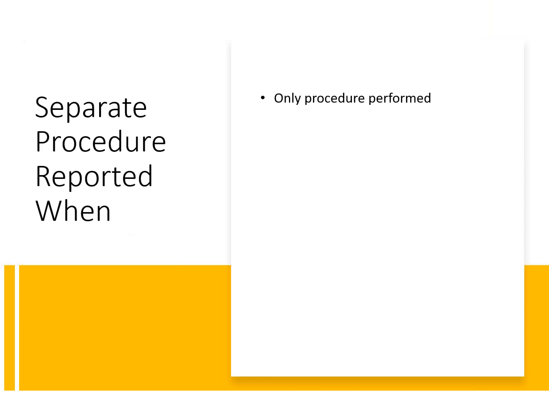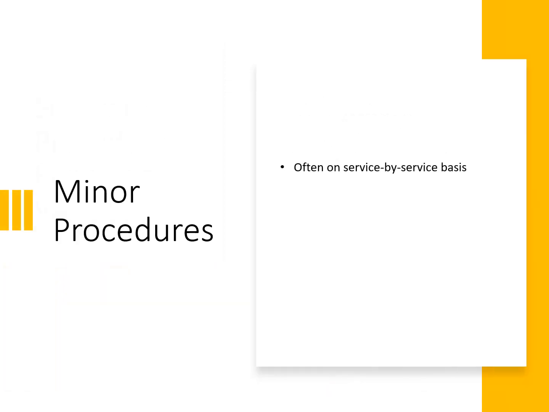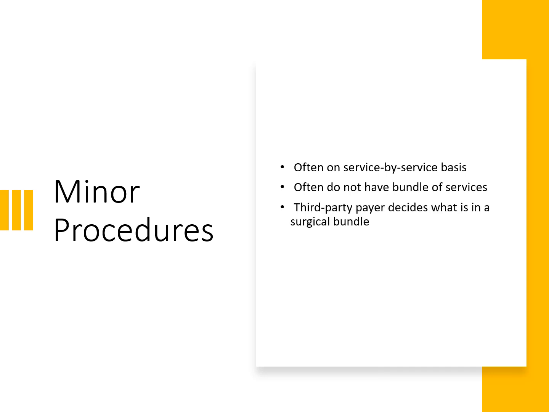A separate procedure is reported when that's the only procedure performed, or with another procedure on a different site, or unrelated to a major procedure. Minor procedures are often on a service-by-service basis and do not have a bundle of services.